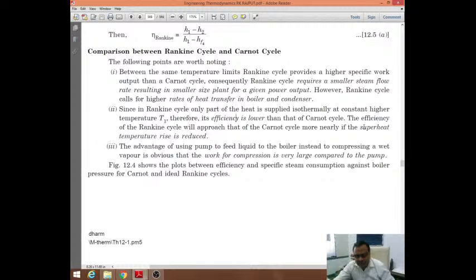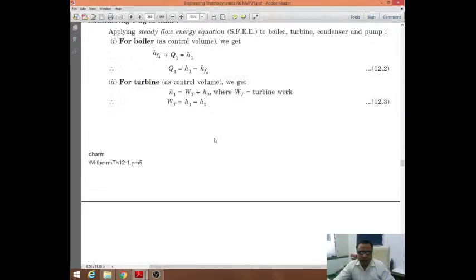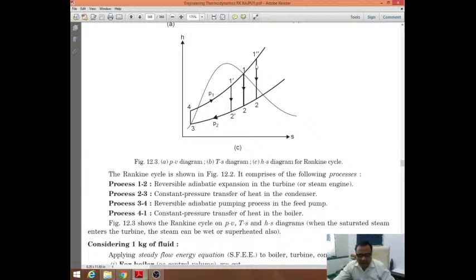If you reduce the superheating temperature, then only the efficiency of the Rankine cycle will approach the Carnot cycle. So superheating in that sense is not desirable from the efficiency point of view. But already I told you that superheating is desirable for reducing the erosion of the turbine blades.